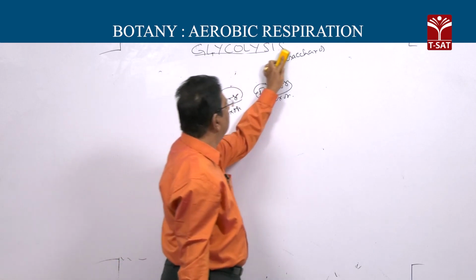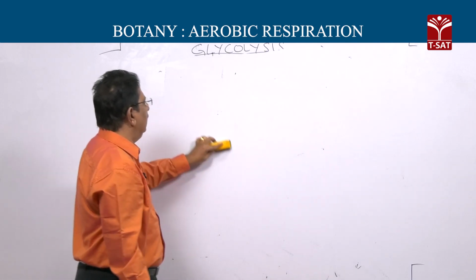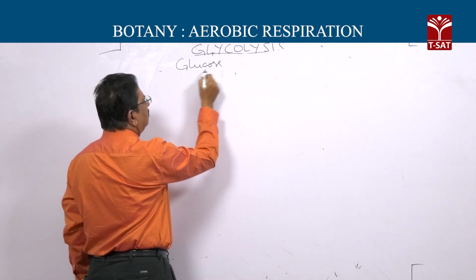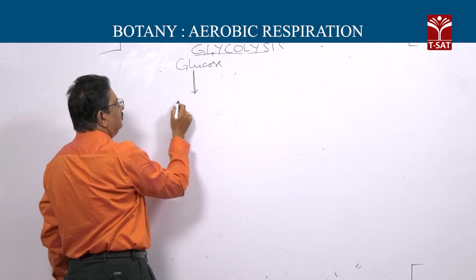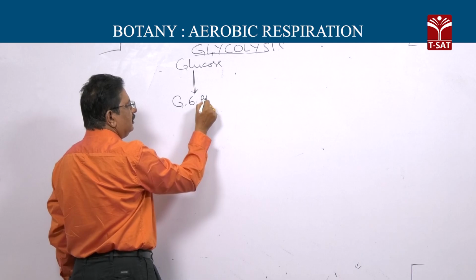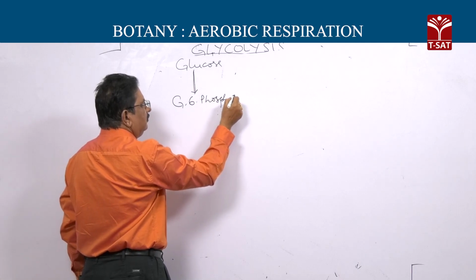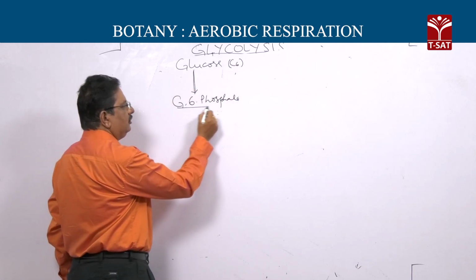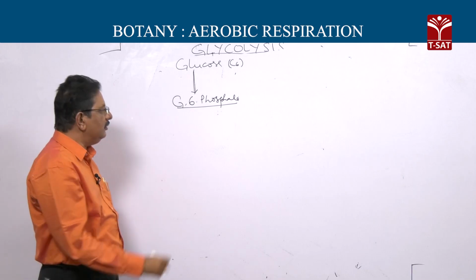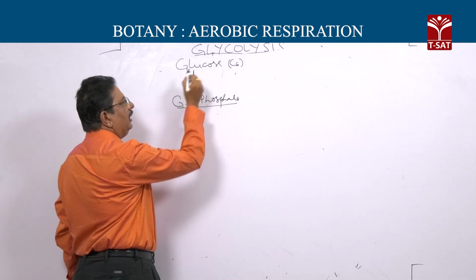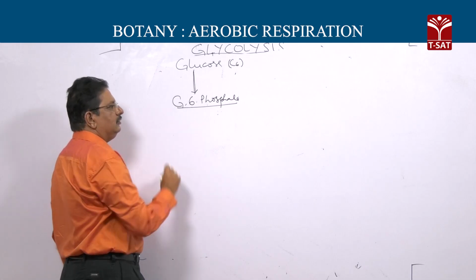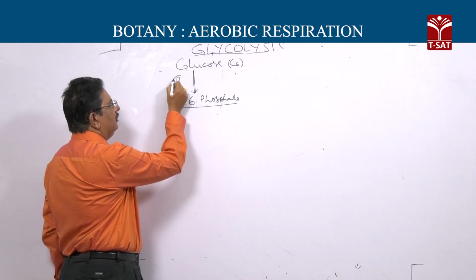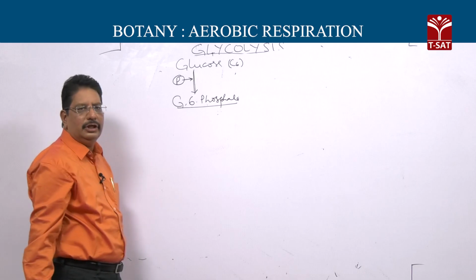So, let us take the actual process of glycolysis. In this case, glucose converts into glucose 6-phosphate. Glucose is a C6 compound which is converted into glucose 6-phosphate. That means a phosphate is added to glucose at the 6th position, for which the phosphate must be donated.